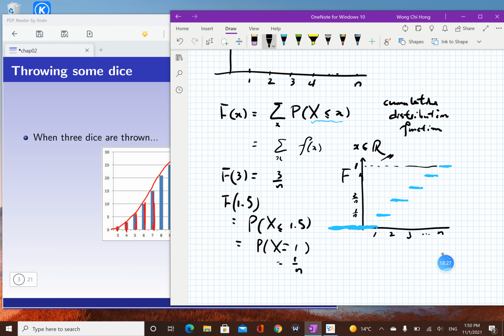When it goes to n, then for anything after, when x is any bigger than n, you get F of n equals 1. Okay, so then your function says x over n. Sorry, not x over n, I don't like it.